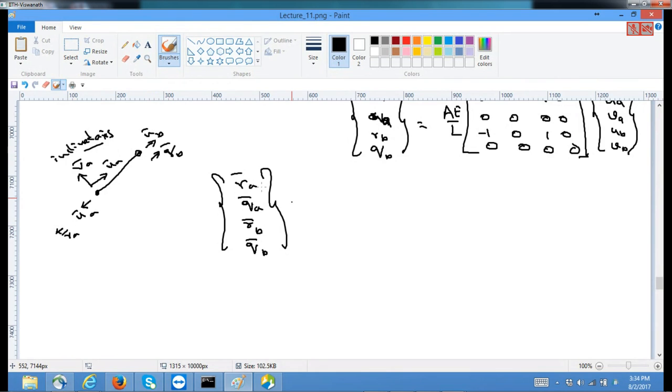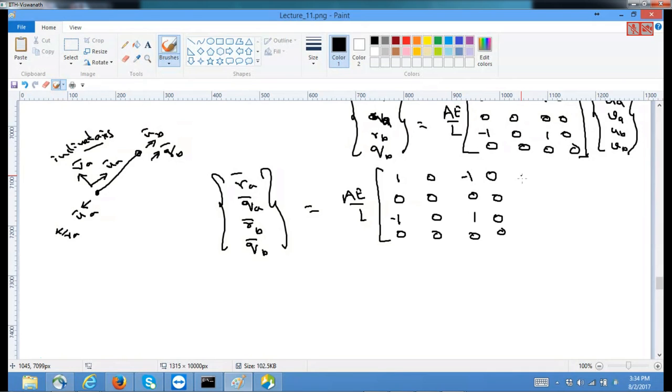So it equals AE by L times [1, 0, -1, 0; 0, 0, 0, 0; -1, 0, 1, 0; 0, 0, 0, 0] times my degrees of freedom in the inclined system, which are UA bar, VA bar, UB bar, VB bar.